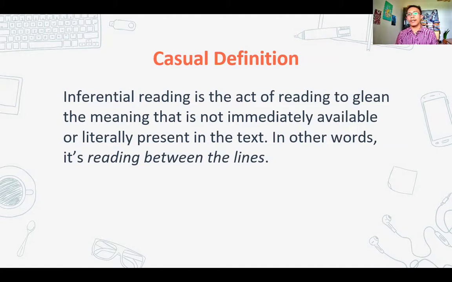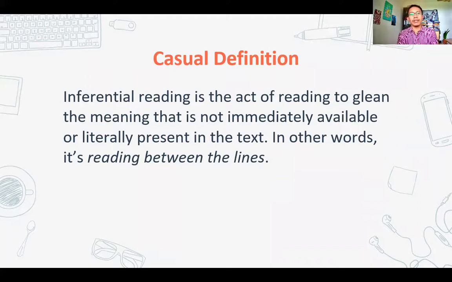Or you can say that it's the act of reading to glean the meaning that is not immediately available or literally present in the text. And we can also call this, in casual conversation, reading between the lines. And that's what it is. That's what we will be doing throughout this semester.